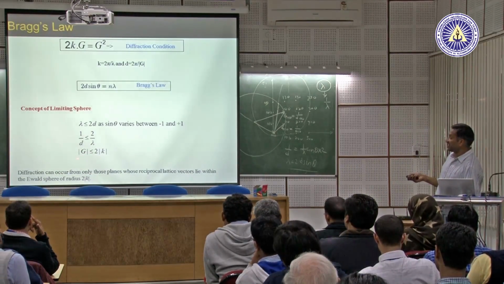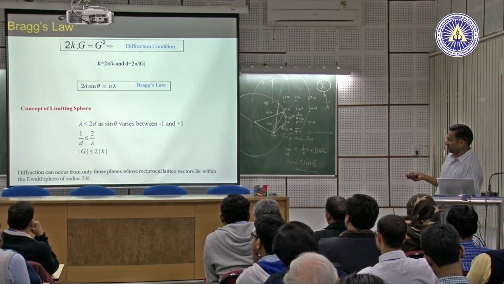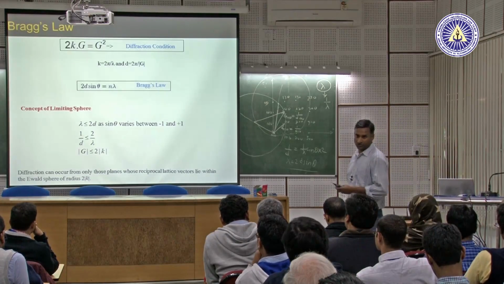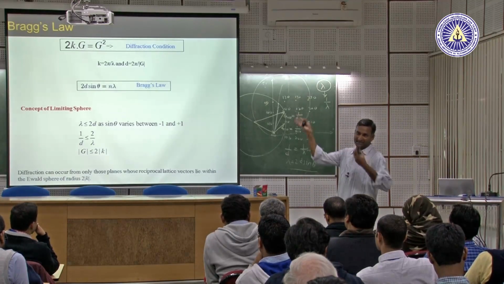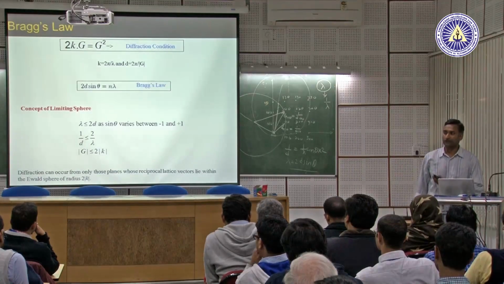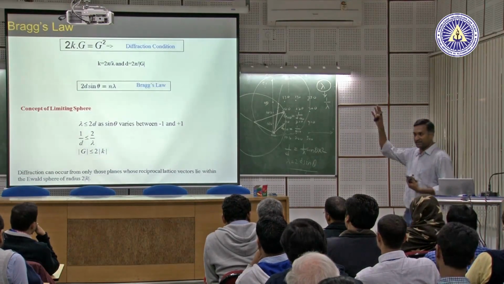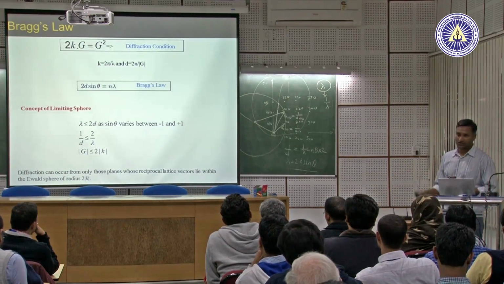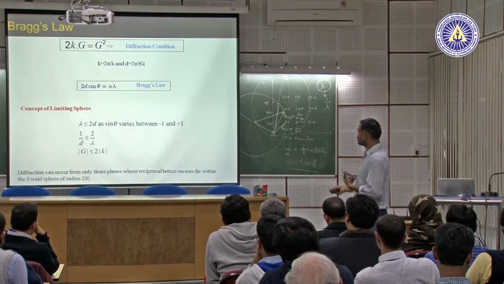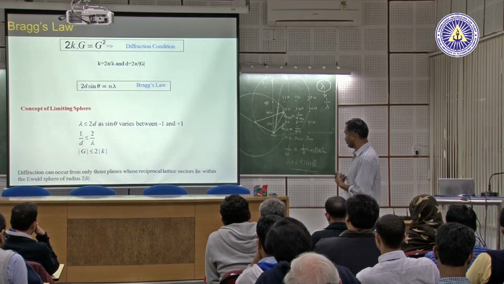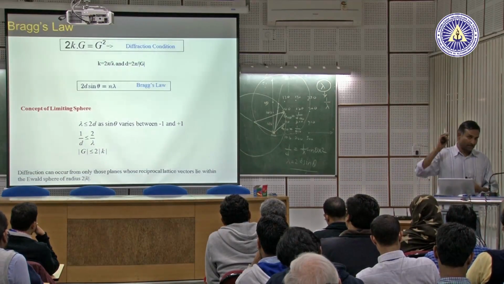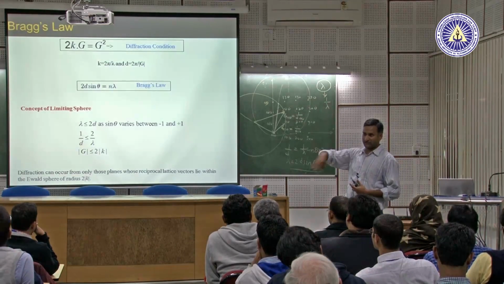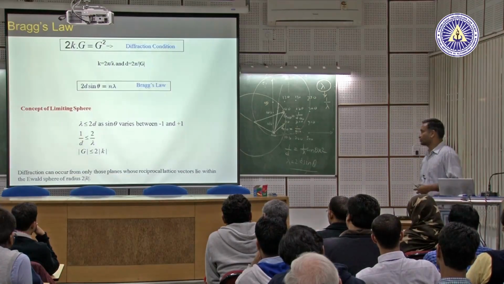What it means is that mod of g should be less than or equal to 2k. So basically this limits the radius of your Ewald sphere. That is the limiting sphere, that you cannot go over 2k. So diffraction will occur only from those planes whose reciprocal lattice vectors lie within this Ewald sphere of radius 2k.